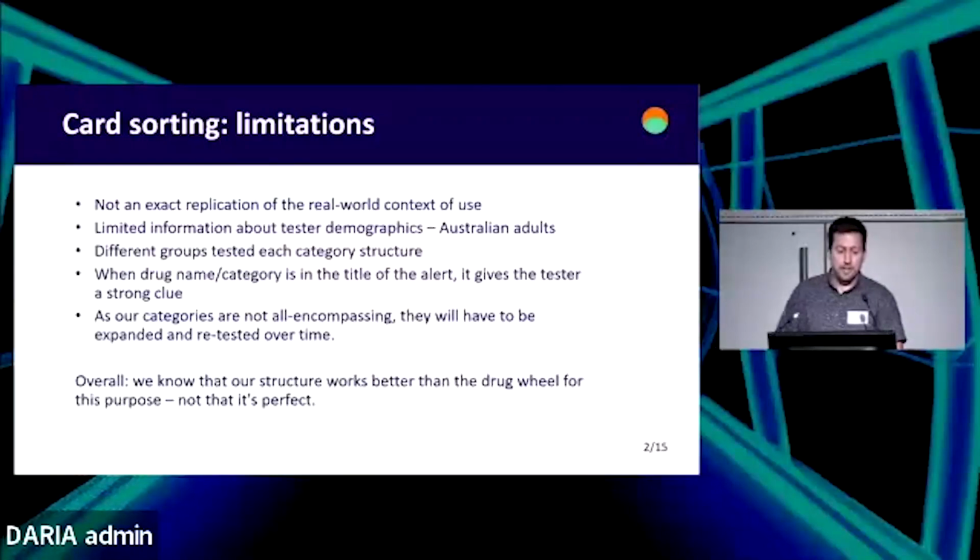And unlike the drug wheel, our categories are not all-encompassing. So we'll have to expand and retest them over time as new alerts are published and maybe don't fit into our system. We don't claim that it's perfect, but we're pretty confident it's better for the people we intend to use the website.